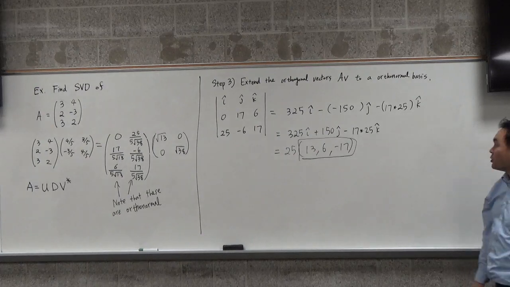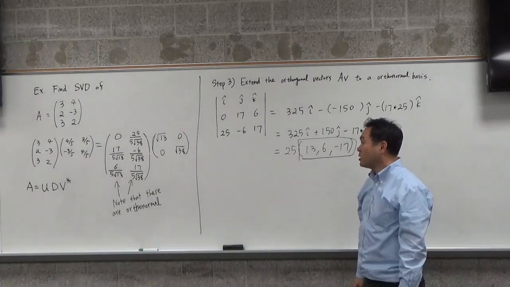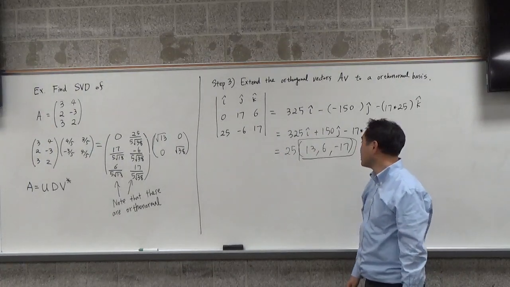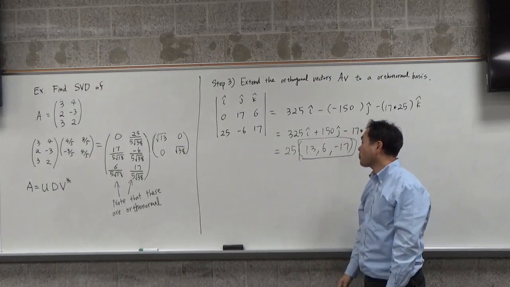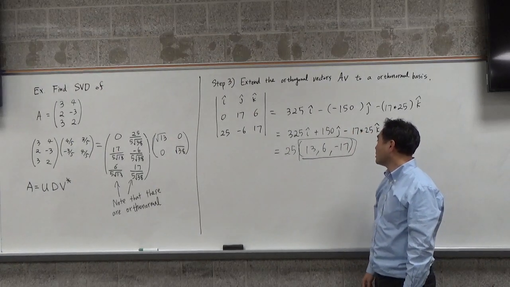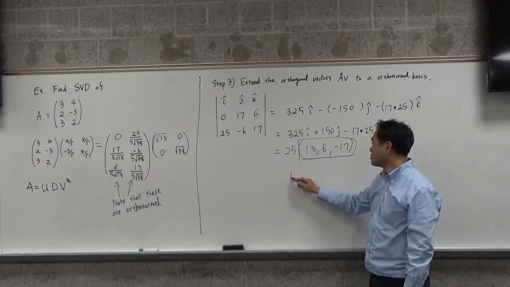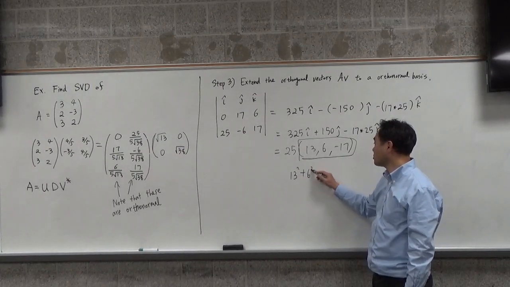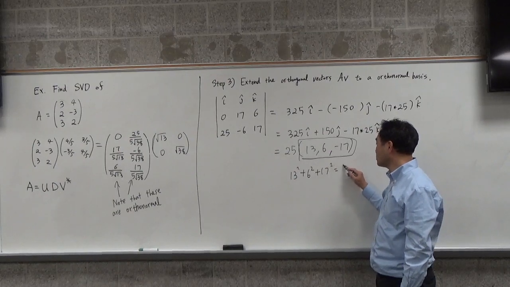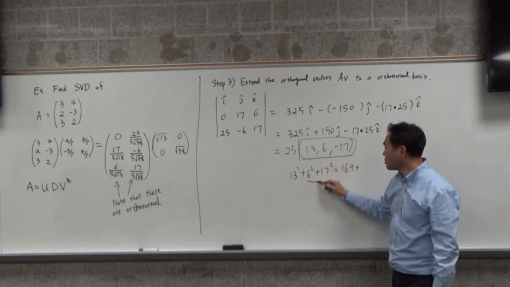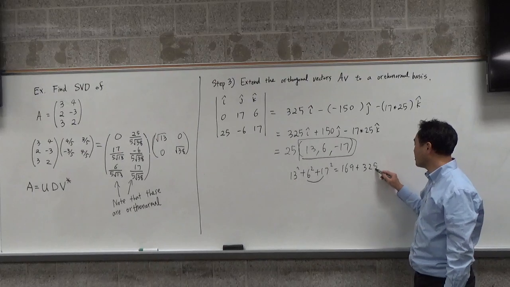Okay, so we got a perpendicular vector, and now all we have to do is to take this vector and normalize it. So what do you get if you normalize it? 13 squared plus 6 squared plus 17 squared: 169 plus, I remember this being 325.